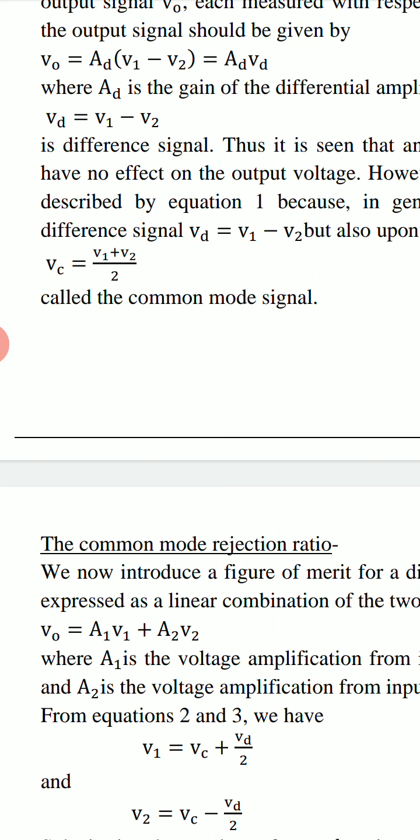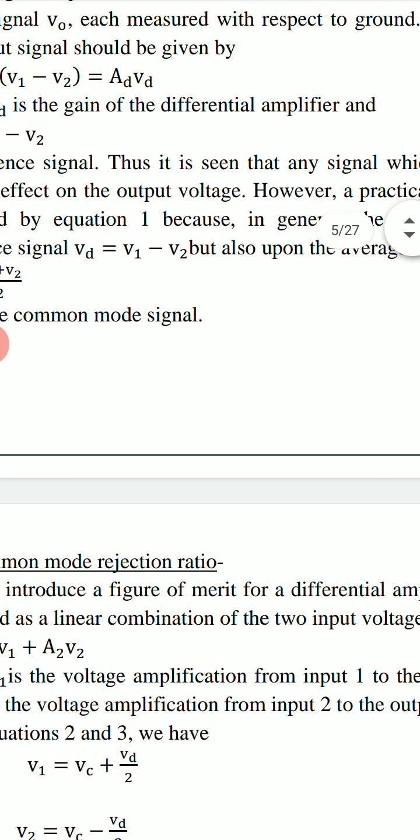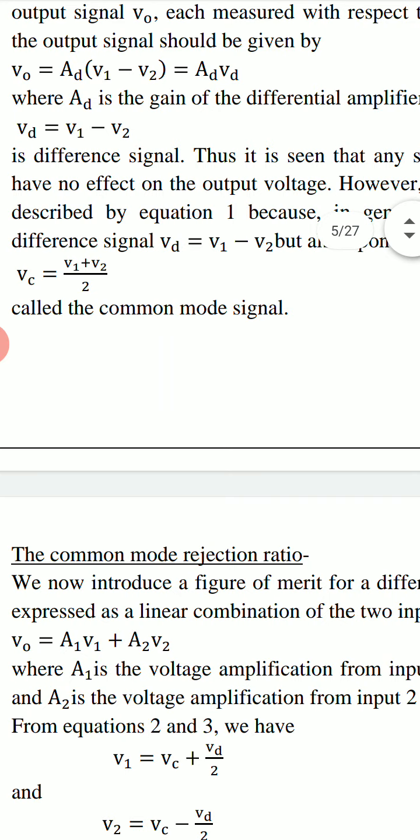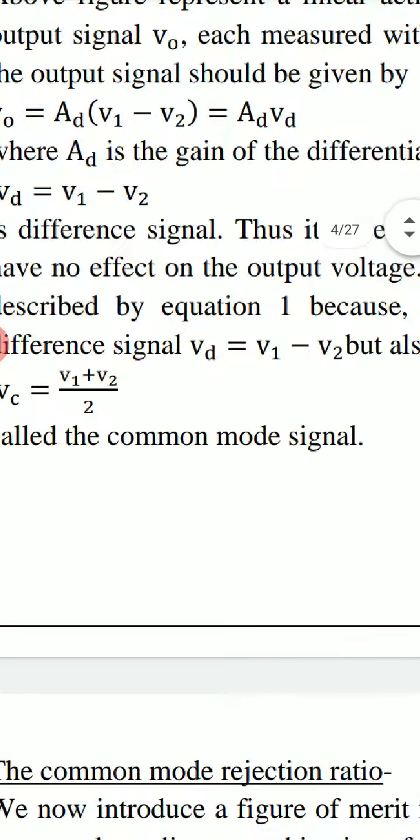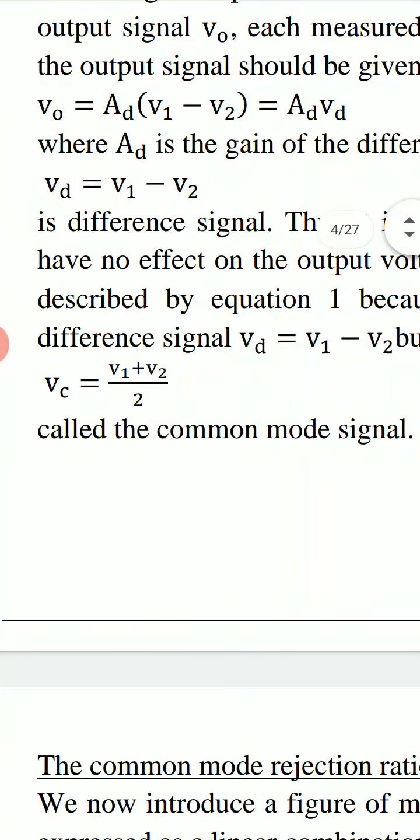AD is the gain of the differential amplifier. AD is equal to V output upon difference in input voltages.